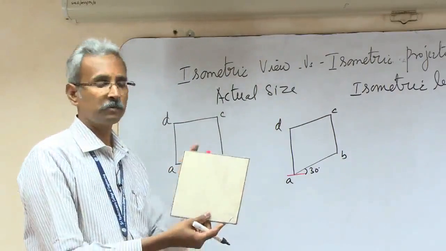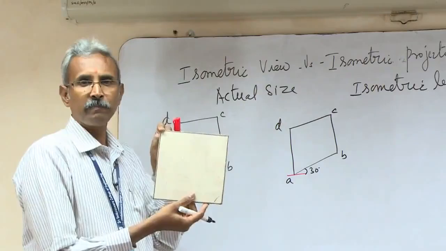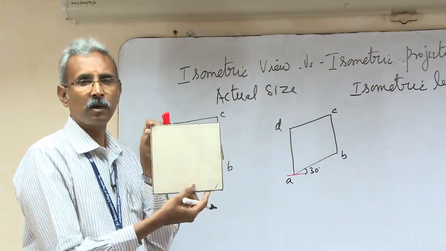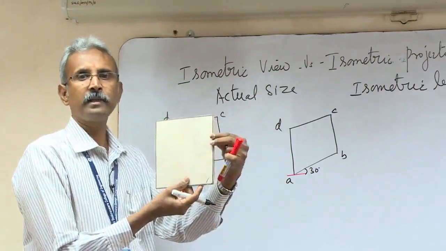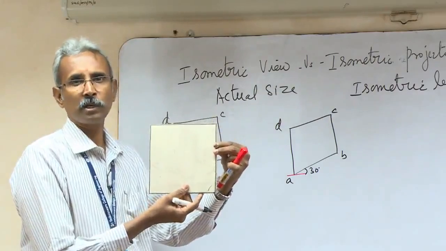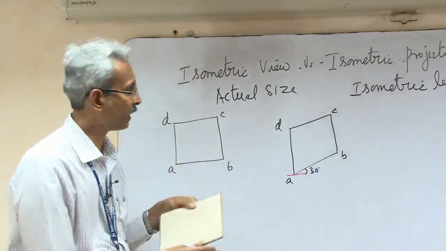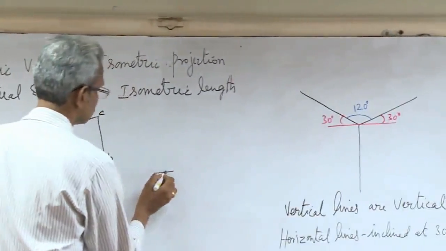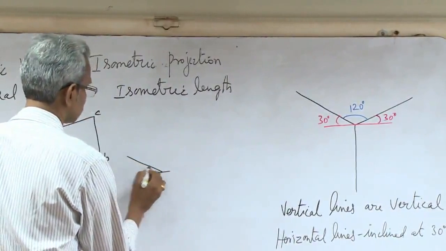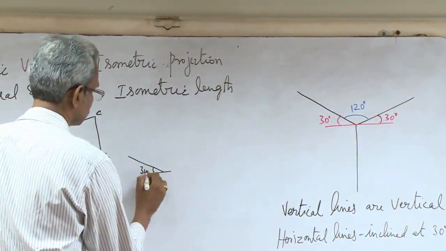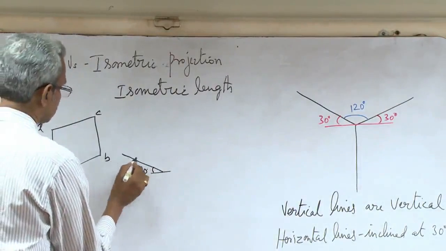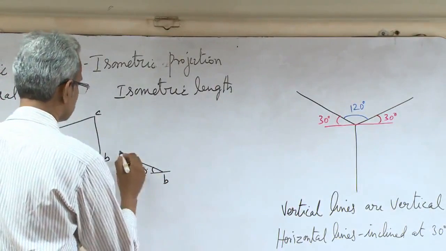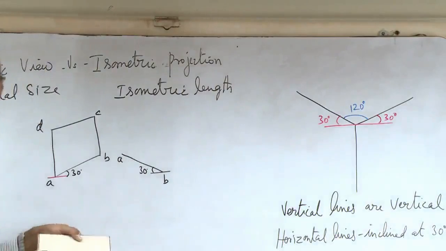But then there is one more possibility. I can keep this fixed and tilt it like this, or keep this edge fixed and tilt this edge. So both are possible. So in the second case, what will happen? Right?